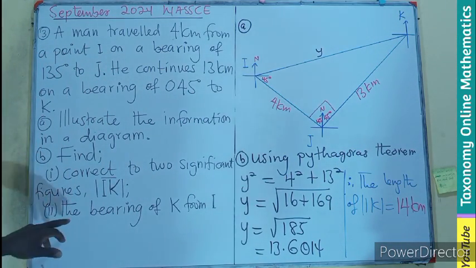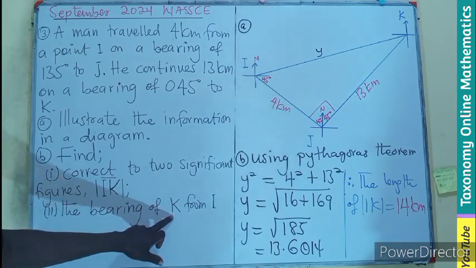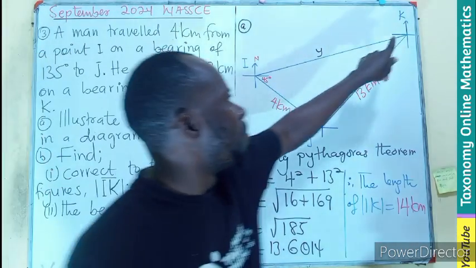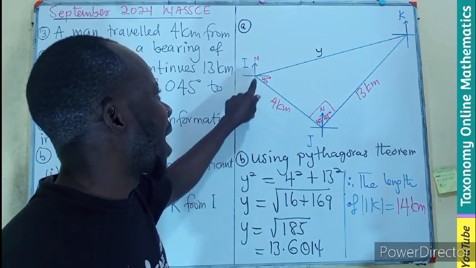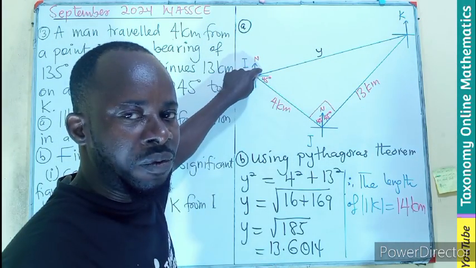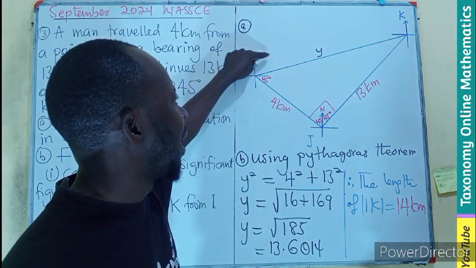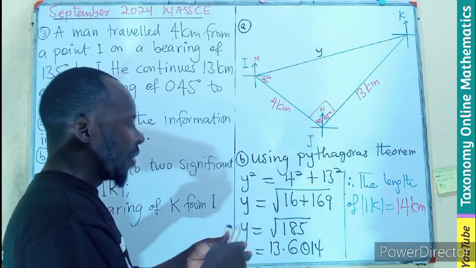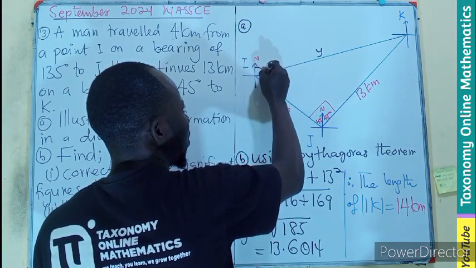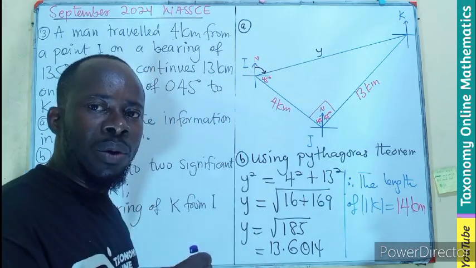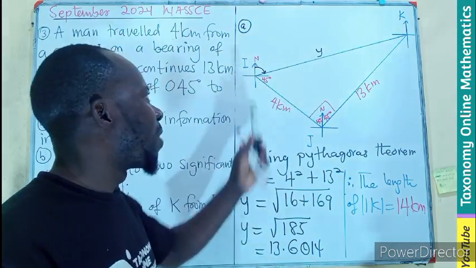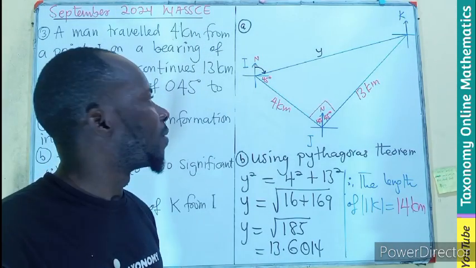So what is next? We are finding the bearing of K from I. The bearing of K from I, coming to the north of I and reading. So here we are reading here. That is what we are looking for. The bearing of K from I. North, you read down there.